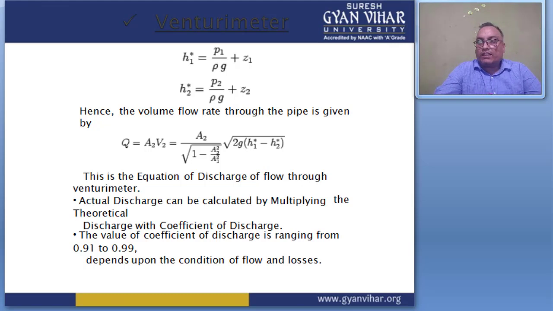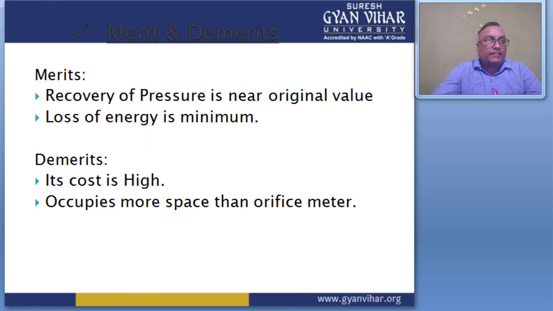And one more thing, these are some merits and demerits of the venturimeter. For the merits, recovery of high pressure is near the original value and loss of energy is minimum.